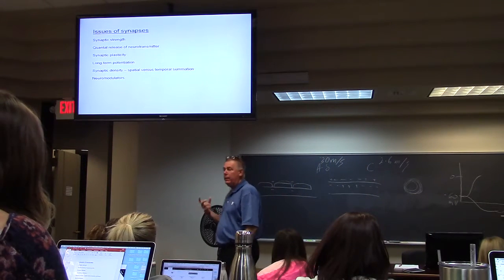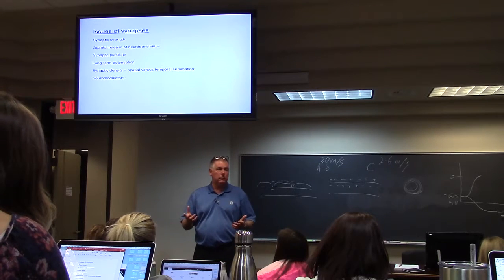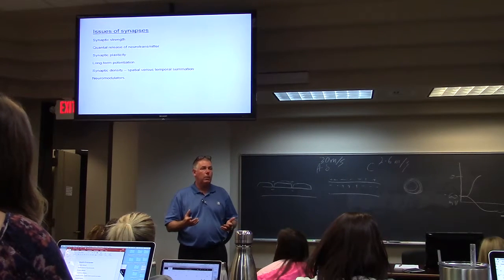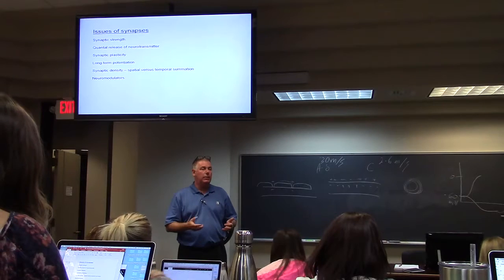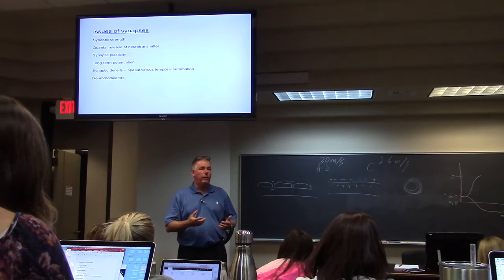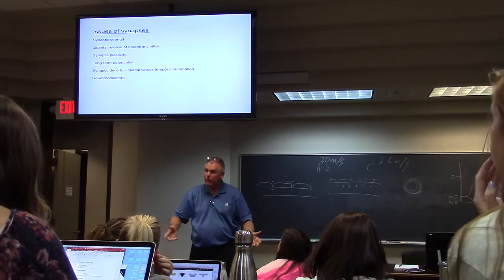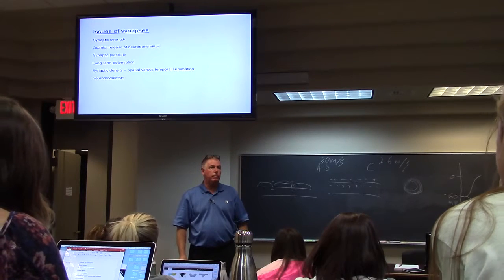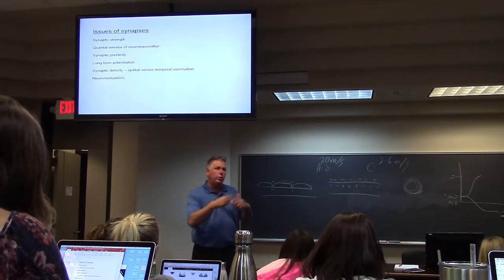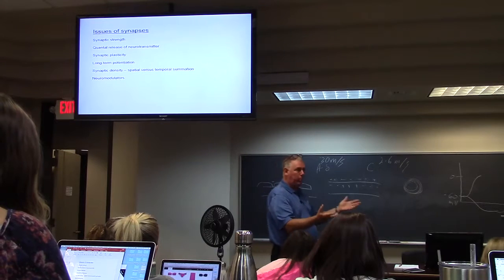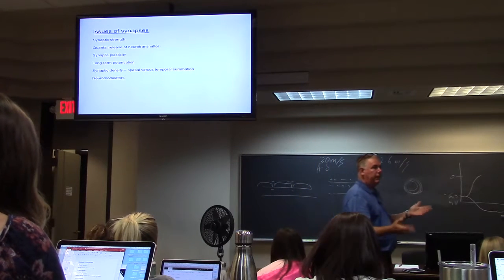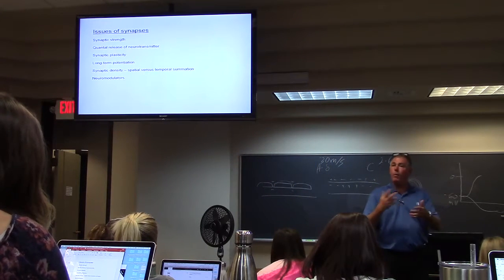This is thought to be the mechanism for learning. Long-term potentiation is thought to be the mechanism involved in learning, synaptic plasticity. The more you use a memory, the easier it is to recall that memory.